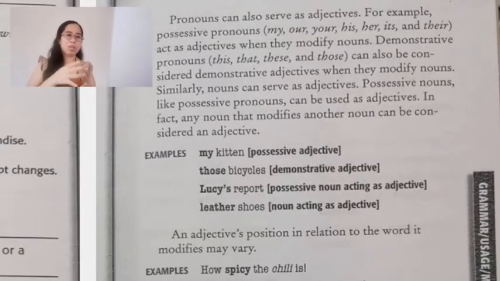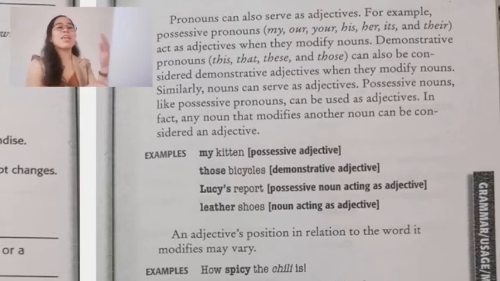Now remember, adjectives are not only limited to verb forms or other kinds of very obvious descriptions. Pronouns can also serve as adjectives. For example, we have possessive pronouns like my, our, your, his, her, its, and their, which act as adjectives when they modify nouns.